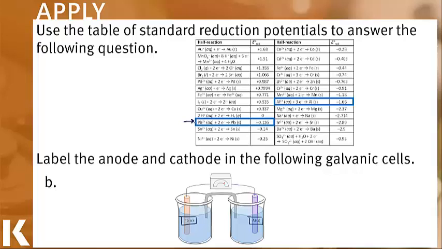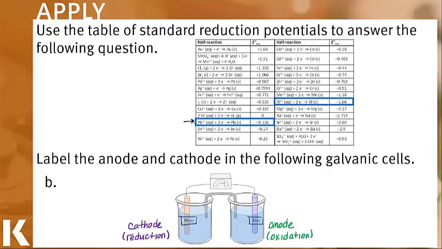This means that the lead is more likely to be reduced, meaning that the lead will be my cathode where my reduction occurs. This makes the aluminum my anode where oxidation occurs because it is less likely to be reduced.